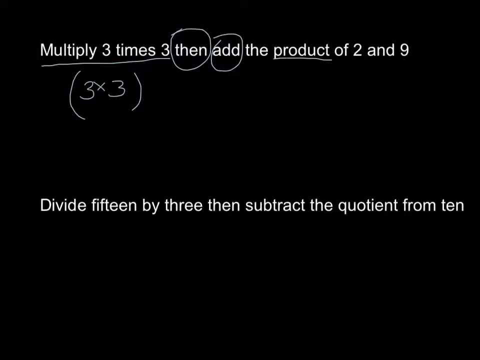Product means the answer to a multiplication problem. And if it's asking for the answer to a multiplication problem, it tells me that this is also going to be something that needs to happen first. So "then add" gives me an addition sign, and the product of 2 and 9 would look like 2 times 9.